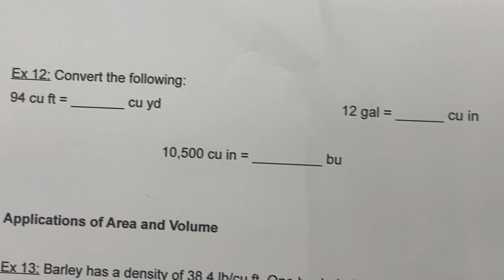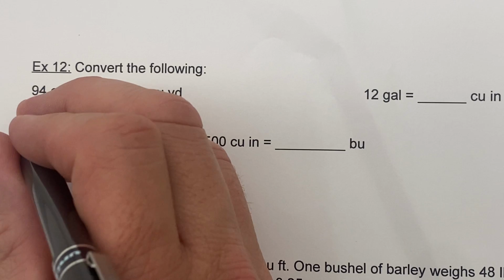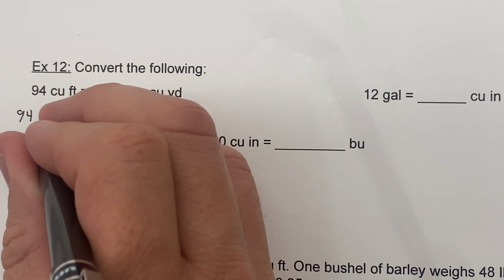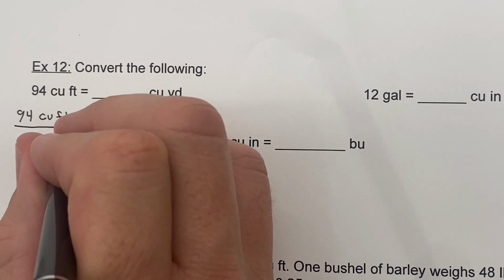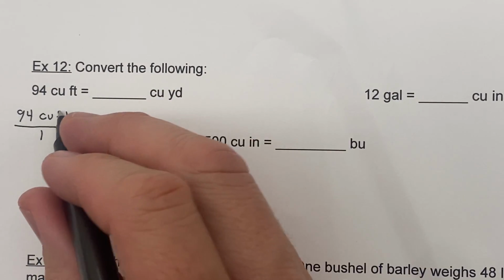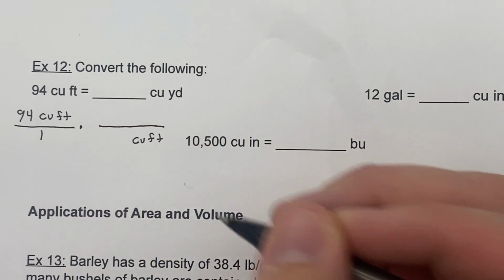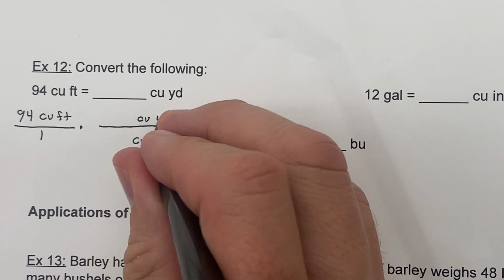Let's go ahead and look at example number 12. I'll do the first one with you again. Start with your given and put it over 1. The top, if we're getting out of that unit, needs to go down below. And we want to end with cubic yards.